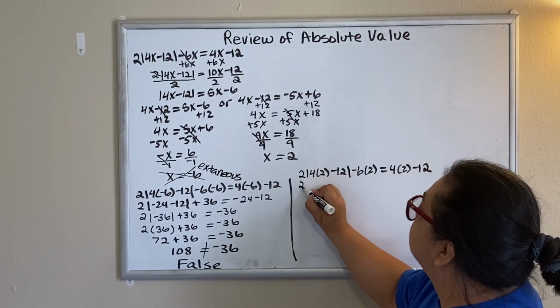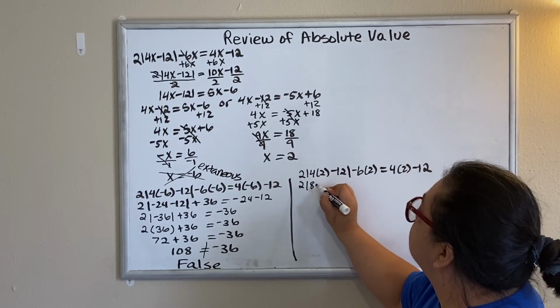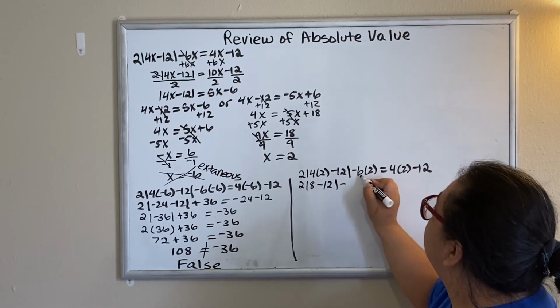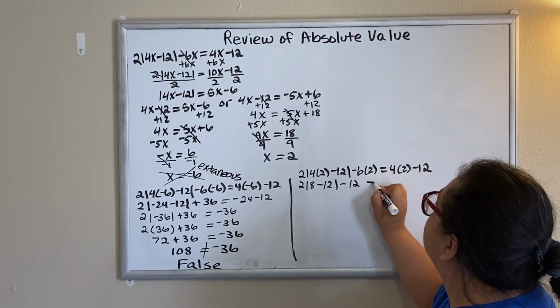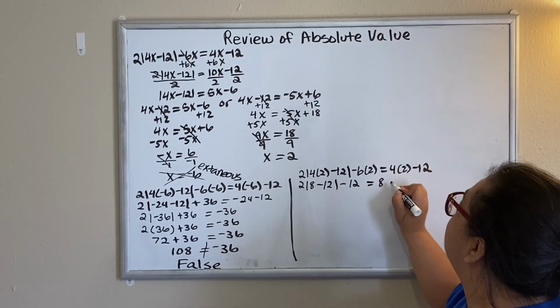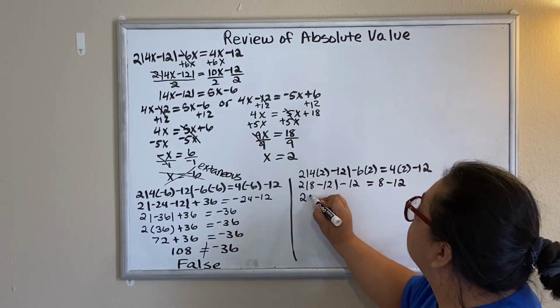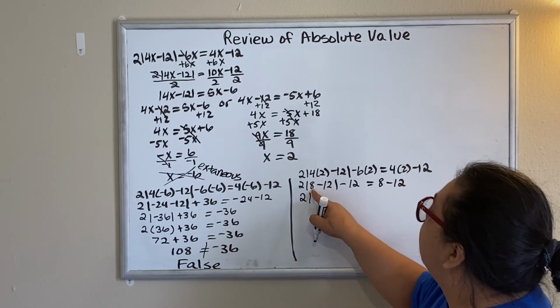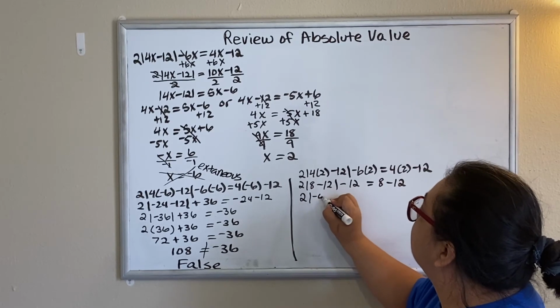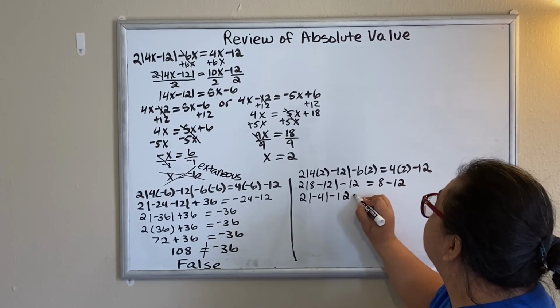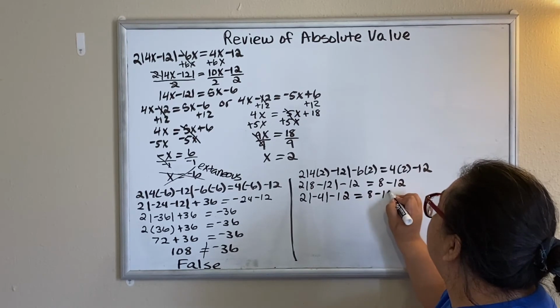So this is 2 times the absolute value of 4 times 2 is 8, minus 12, close the absolute value, minus 6 times 2 is 12, equals 4 times 2 is 8, minus 12. So now at the beginning, we're 2 times the absolute value of 8 minus 12 is a negative 4. Close the absolute value. Minus 12 equals 8 minus 12.